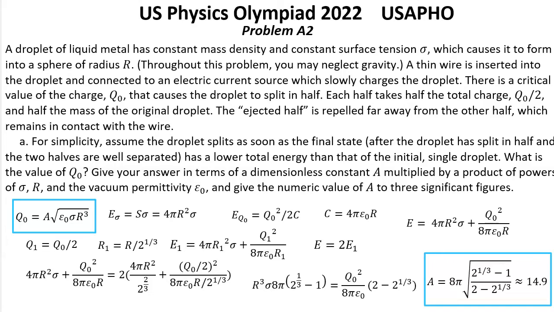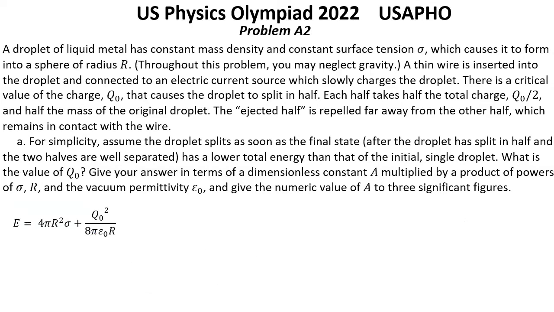So in this case we can give a more accurate solution. We already found that the total energy is this expression, which consists of surface tension energy and electrostatic energy. The first one creates an inward force and the second one an outward force.